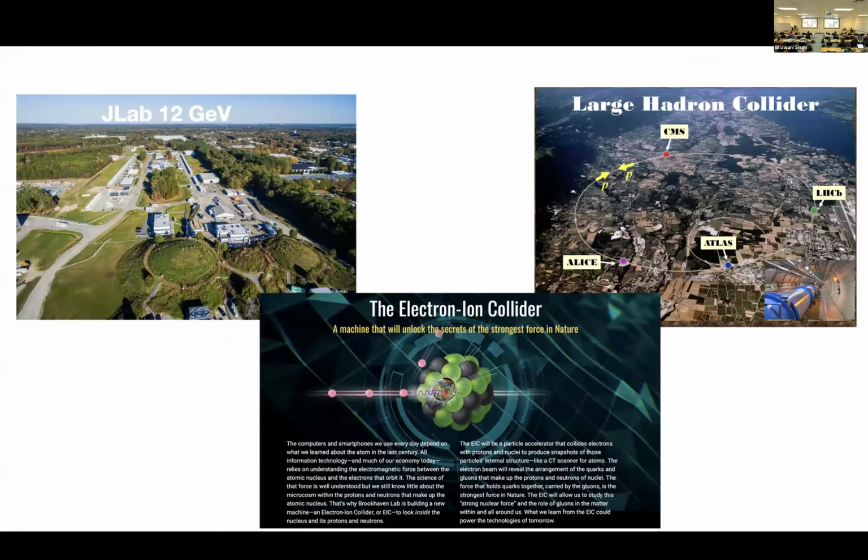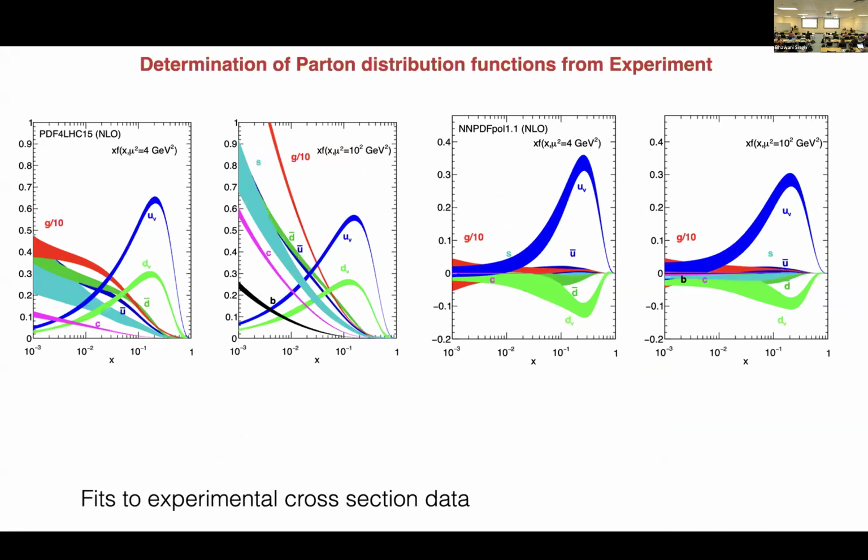And as you know, there are facilities such as Jefferson Lab, the electron ion collider, even the LHC, where these objects are playing an important role.